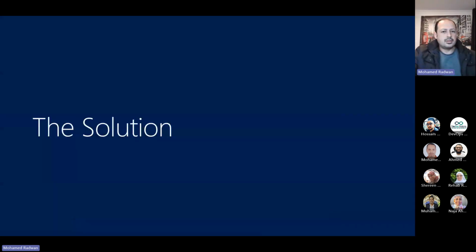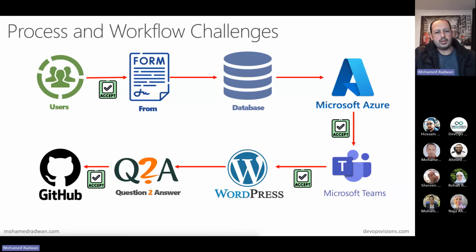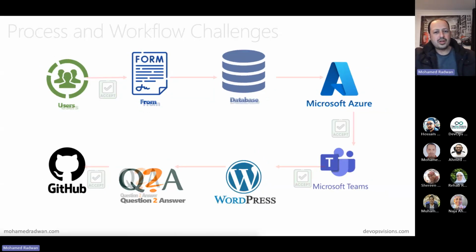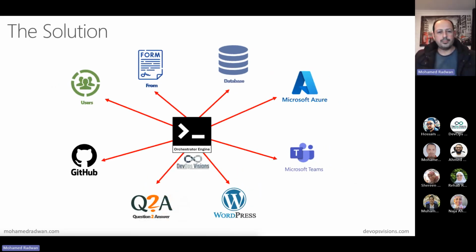And in order to do that, what we are trying to do is, we think that we need to develop an orchestrator framework, and we are calling that the orchestrator engine. This will be a main open source tool that can handle all these kinds of activities with several platforms.